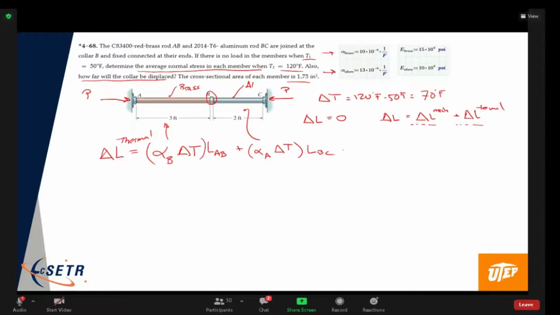So we can figure that number out. We know all those things, right? And so if we put into here, we can take the delta T out of everything, right? So that's going to be 70 degrees F times alpha for the brass is here, 10 to the minus 6, times its length, which is 3 feet, or that's 36 inches, right?